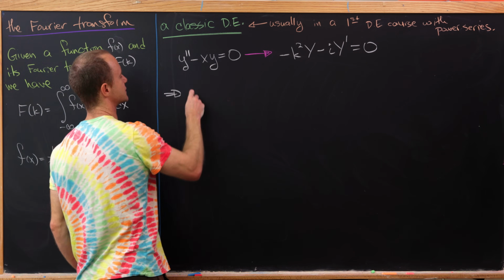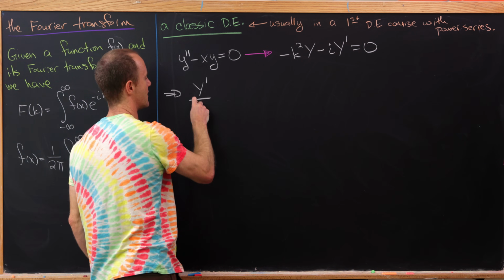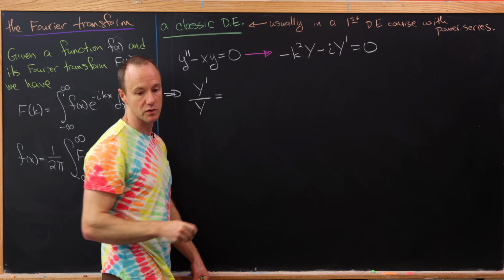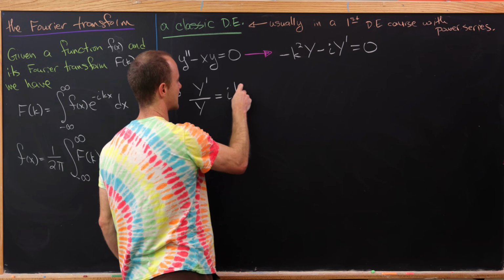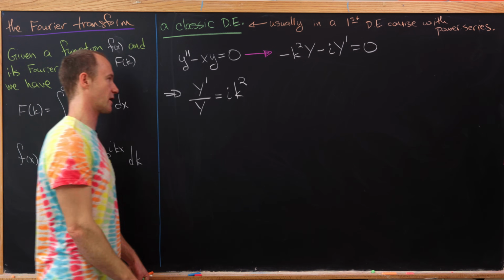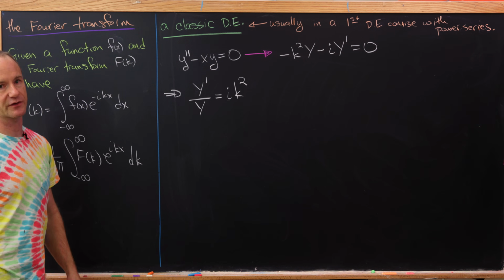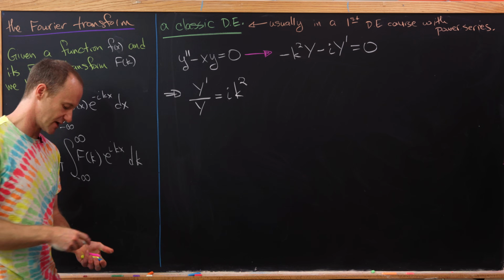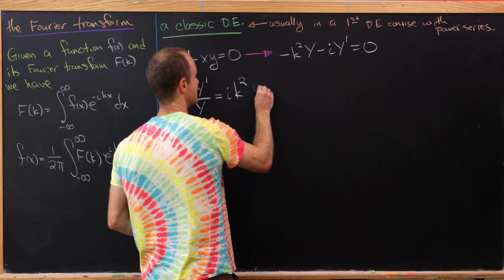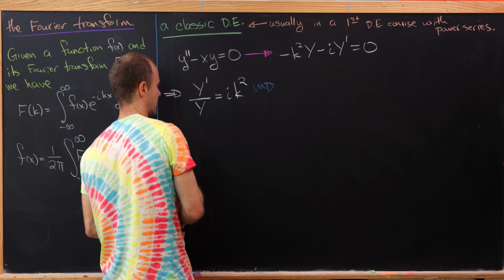So let's move some things around and we'll see that we get Y prime over Y is equal to i times k squared. But now we can integrate both sides, the left-hand side with respect to capital Y, the right-hand side with respect to k, and that'll leave us the following thing.